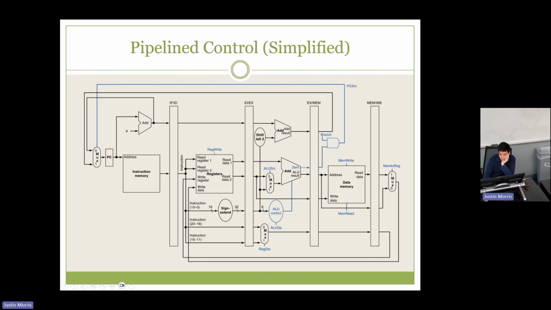Do I need this information ever again? Do I need to know what RS was or what RT was? Possibly. Okay, right now, for now. Well, actually, no, I never need to know what this was after here. I don't need to know what RS was. Maybe RT, because it could be a destination.